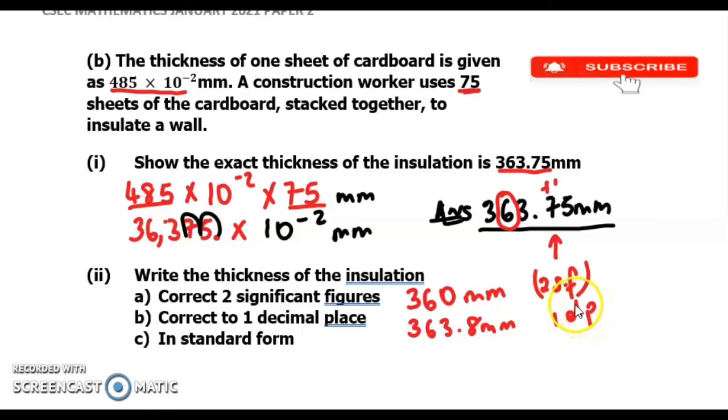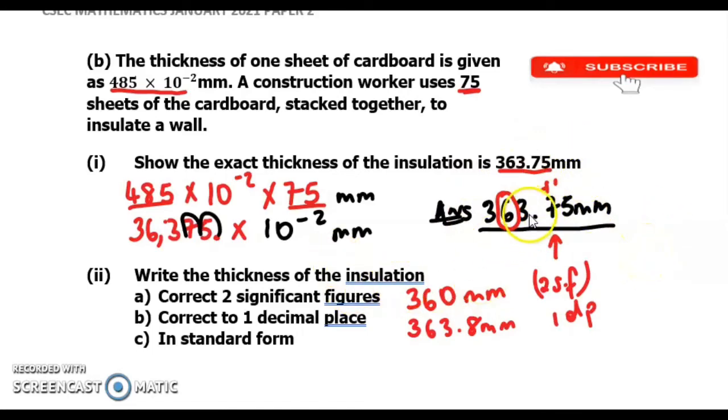The next part is asking us to change to standard form. They may even say standard notation. So they want us to rewrite this in standard form. The thing about standard form is that the number should be from 1 to 9, and when we're multiplying it by 10, it can be raised to any number.